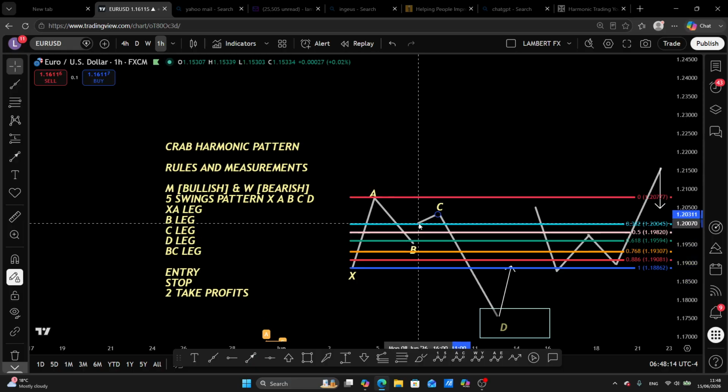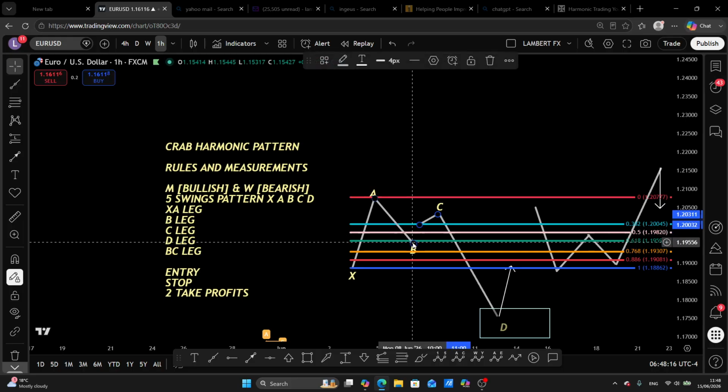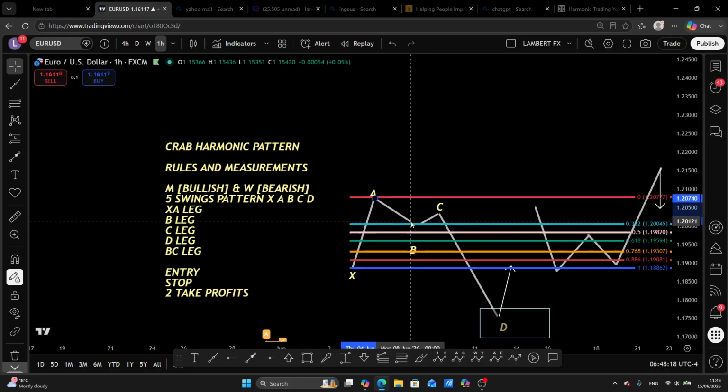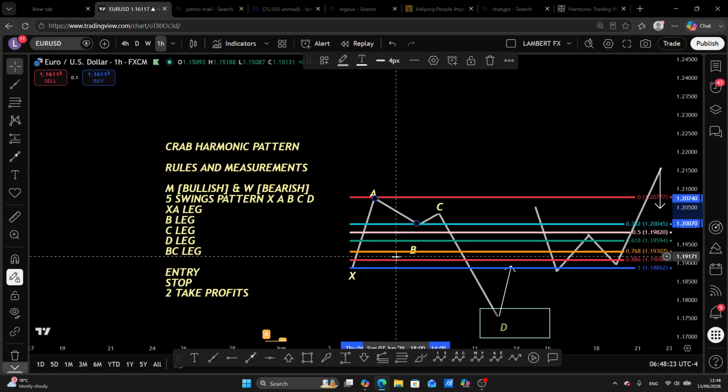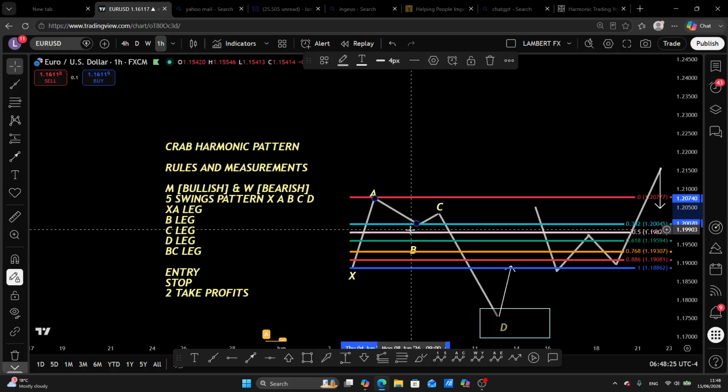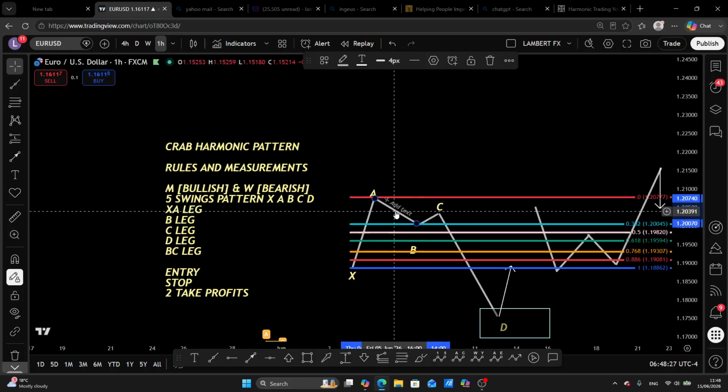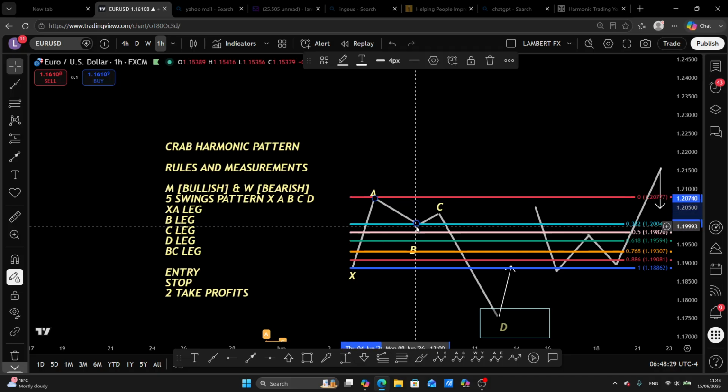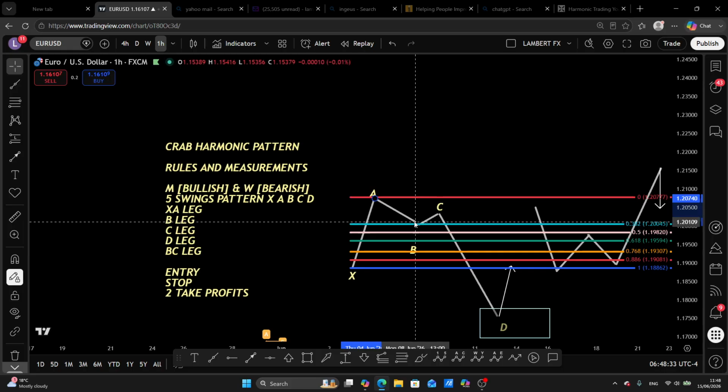If, for example, it retraced to 382 and then pushed back, it is fine, as long as it touches 0.382.